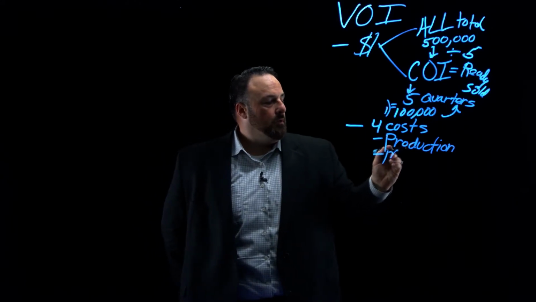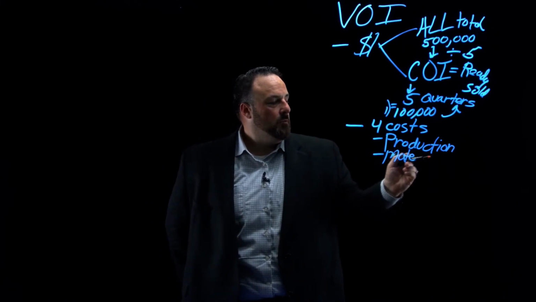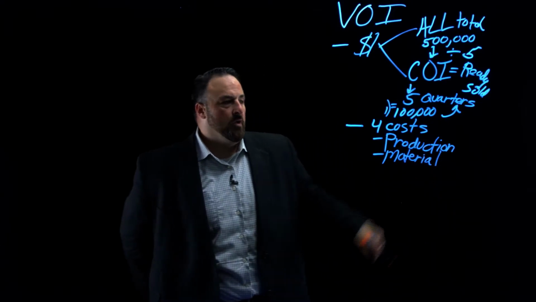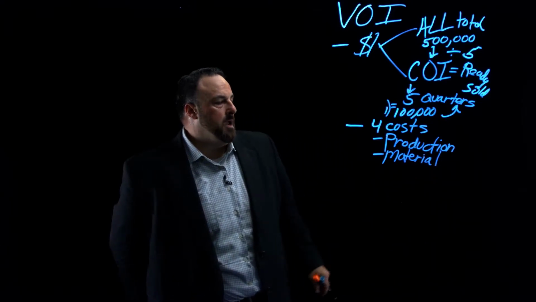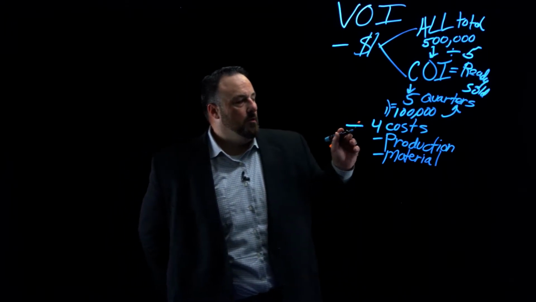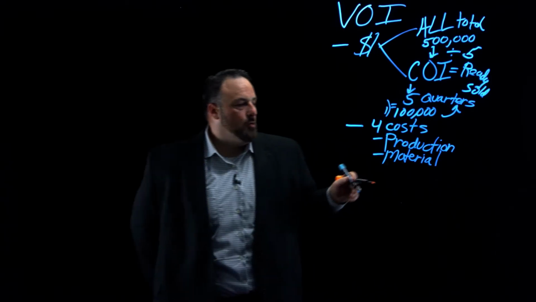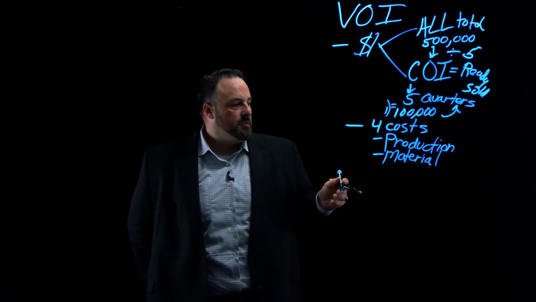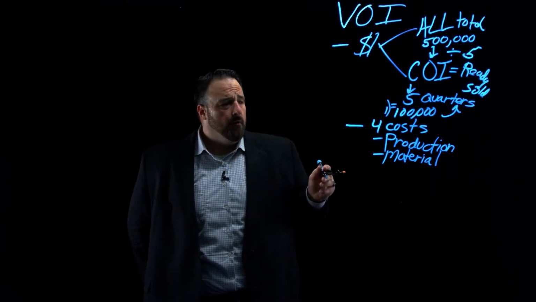Maybe most importantly, material. Depending on the type of product you sell, whether it's expensive or not, may even be irrelevant at that point as far as cost of material, but you can project how much you actually will need based on your gross profits, et cetera, from year to year.